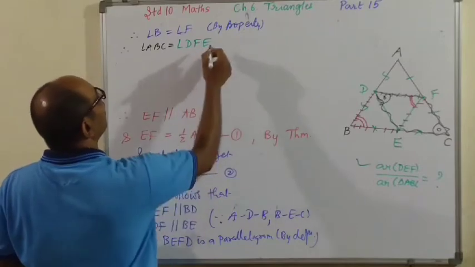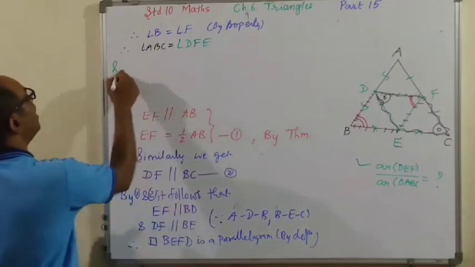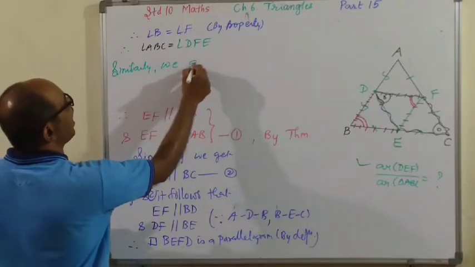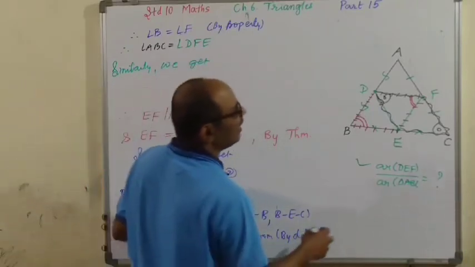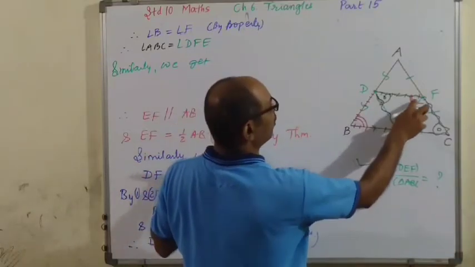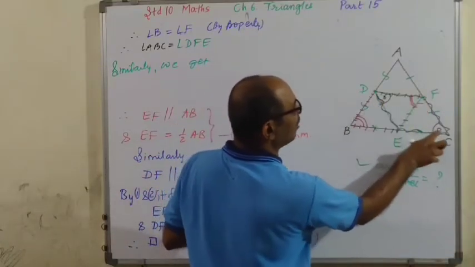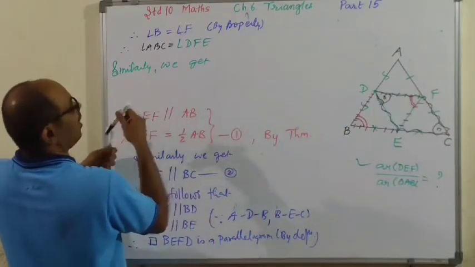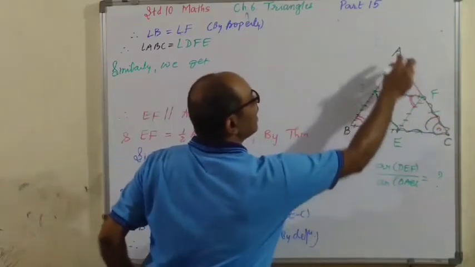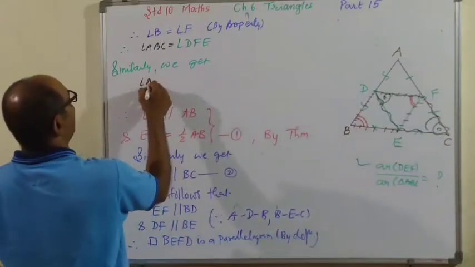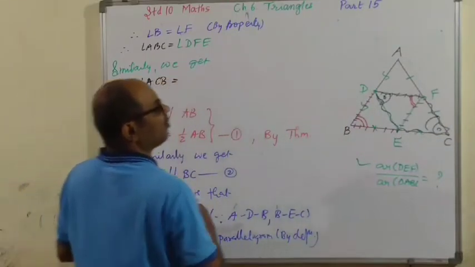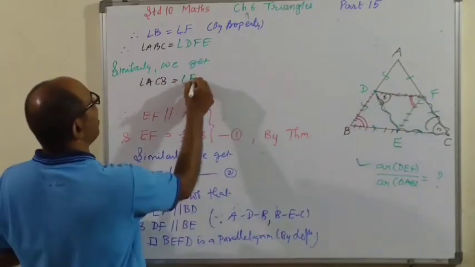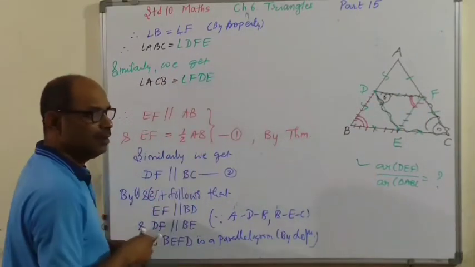Okay. Fine. Similarly, we get: B equal to F has come, now D equal to angle C. Angle C in black, that is angle ACB, angle ACB is equal to green angle FDE, angle FDE. Finished.